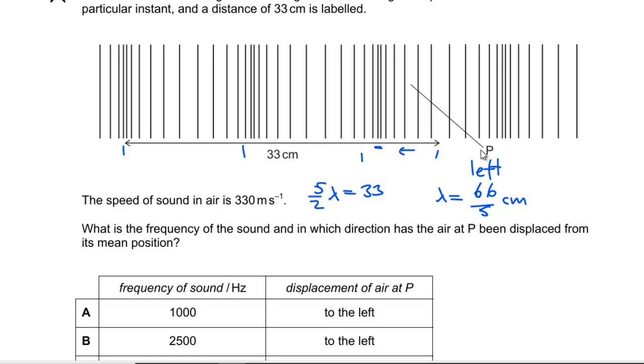Okay, and we want the frequency. So we want 330 divided by our wavelength, so times 5 over 66, but we want to get this into metres, so we're going to multiply that by 100 because we divided by centimetres. So that is what, 2500? Oh, there it is. It's the B, just snuck on the screen already.